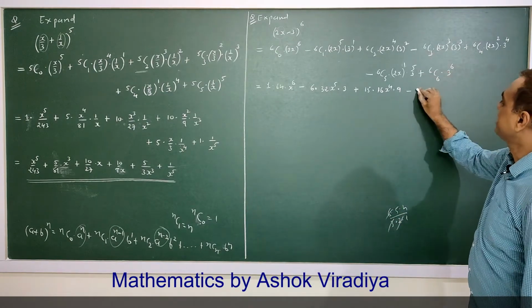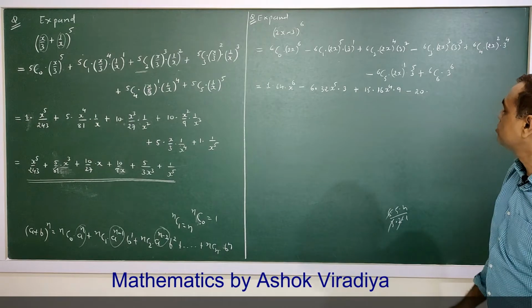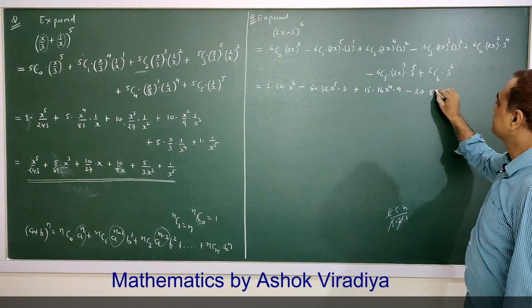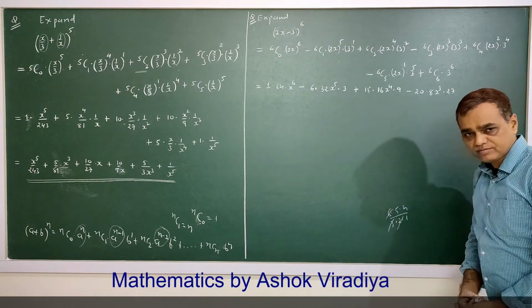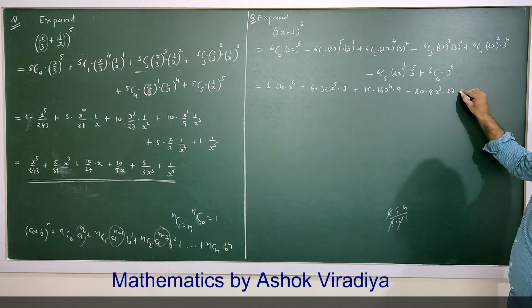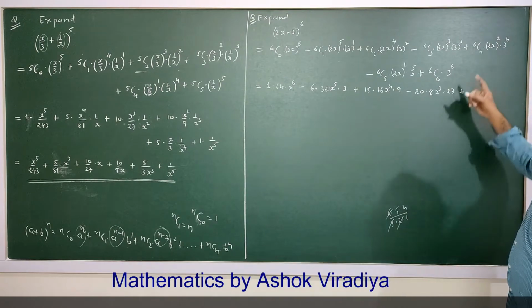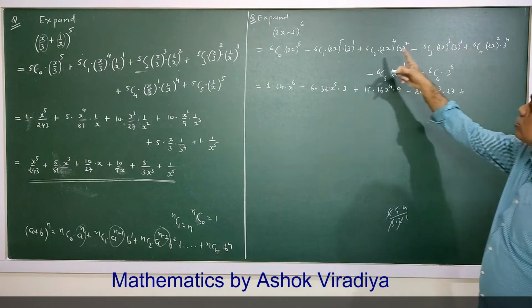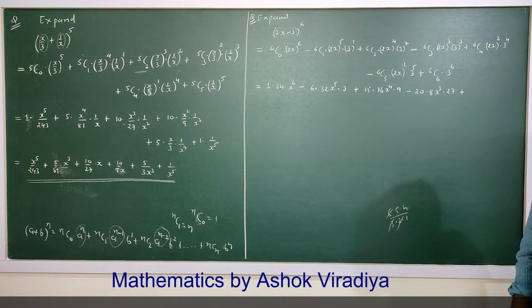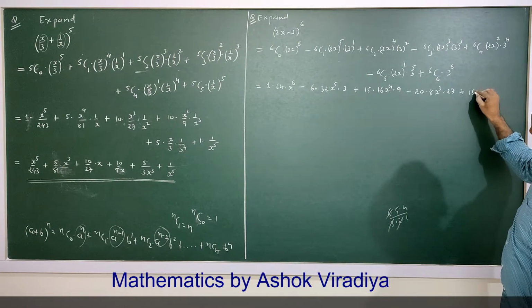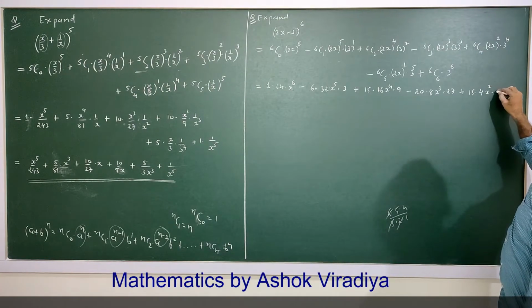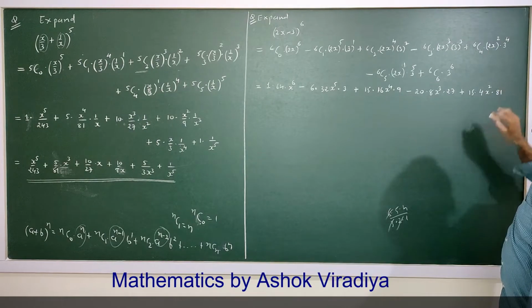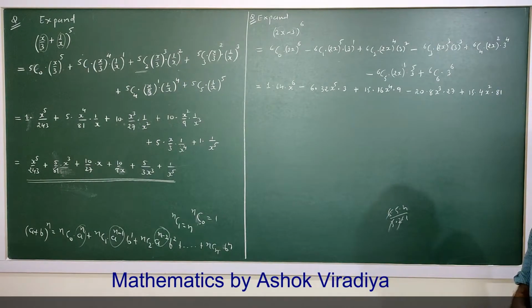So this is 20 into 2 cube is 8, so 8x cube into 27, plus 6c4 is equal to 6c2, and 6c2 is 15. So 15 into 4x square into 81. 3 raised to 4 is 81.